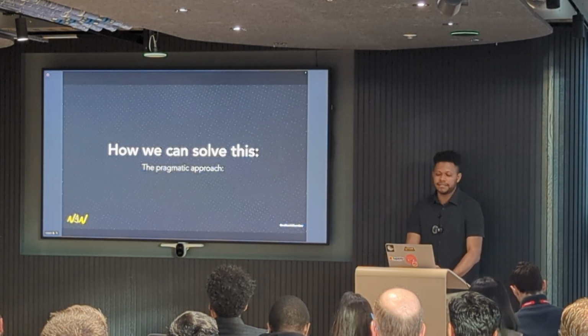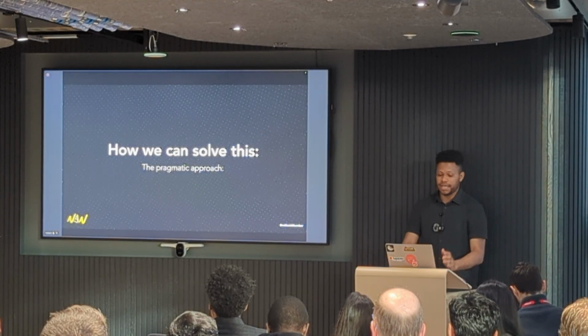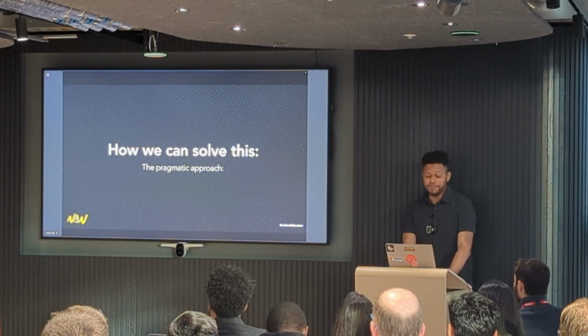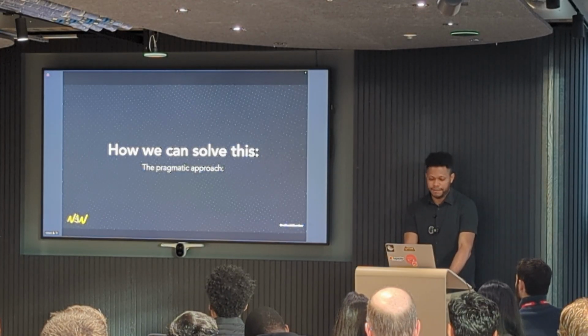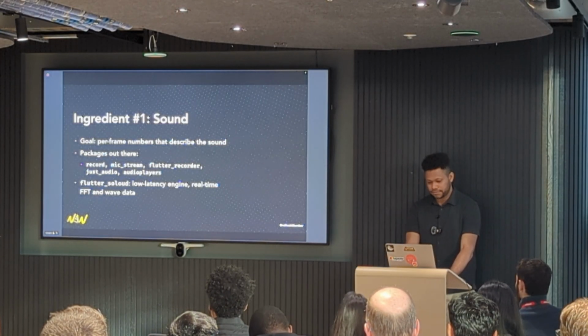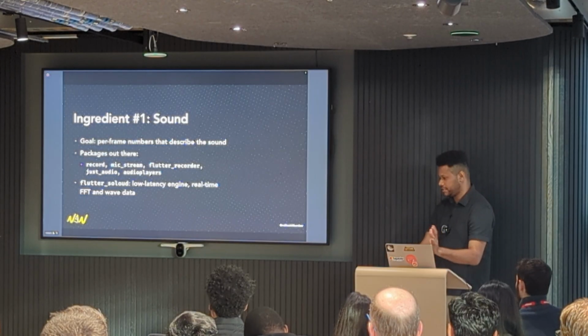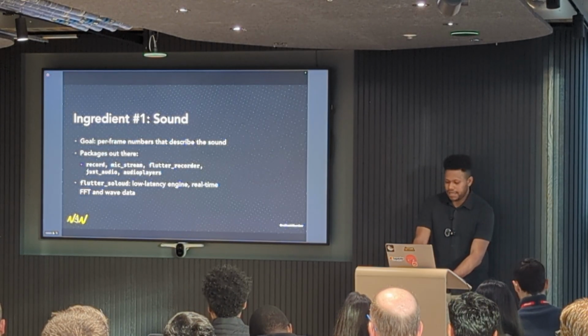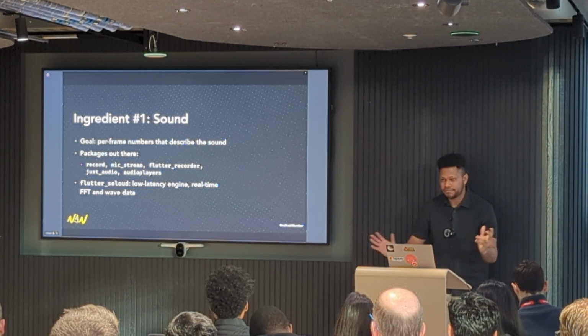So this is a pragmatic approach to how we can ship production apps today using a proper particle system. We have several ingredients to this mix. The first one: one of the states I showed in the beginning has sound.